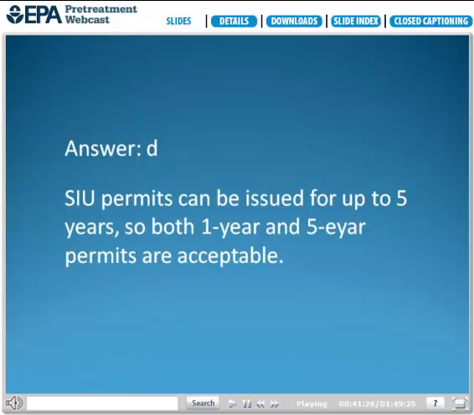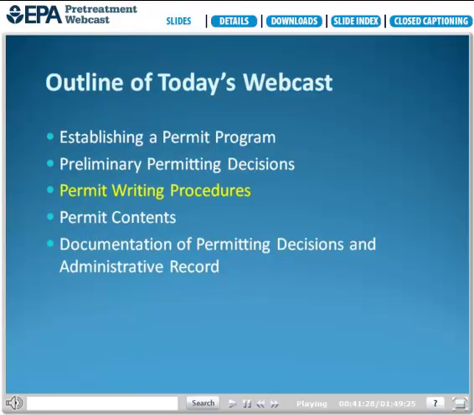We are now going to get into talking about specifically writing the permit. We'll be focusing on typical practices for writing and issuing permits for significant industrial users, because these permits are those for which the federal regulations are prescribed. So what information needs to be collected when issuing a permit?